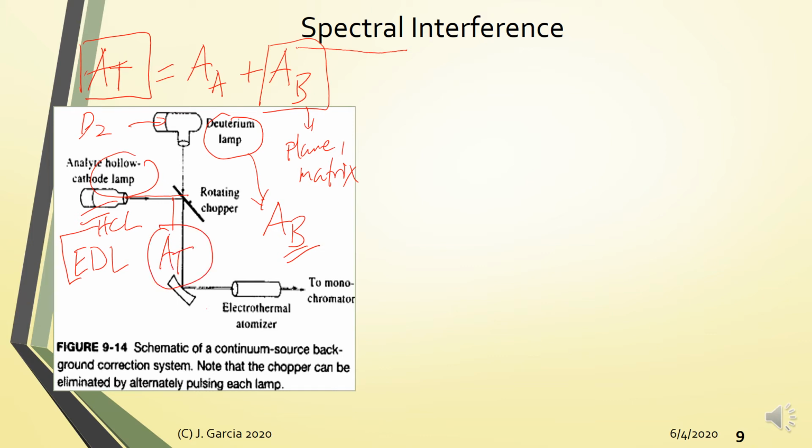Since your system is able to distinguish between the total absorbance and the background absorbance, you just need to subtract this from the total absorbance so that you can get the absorbance for the analyte only. So this is the technique for spectral interferences.